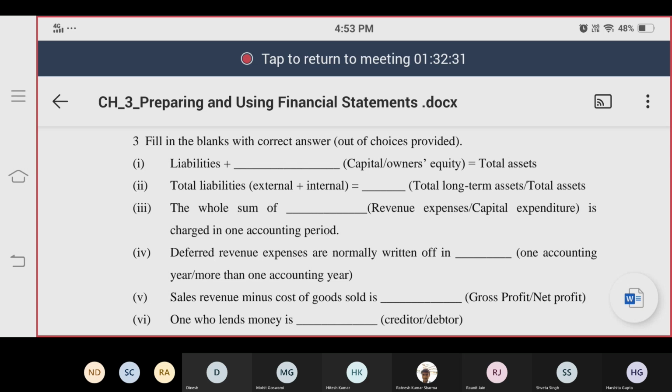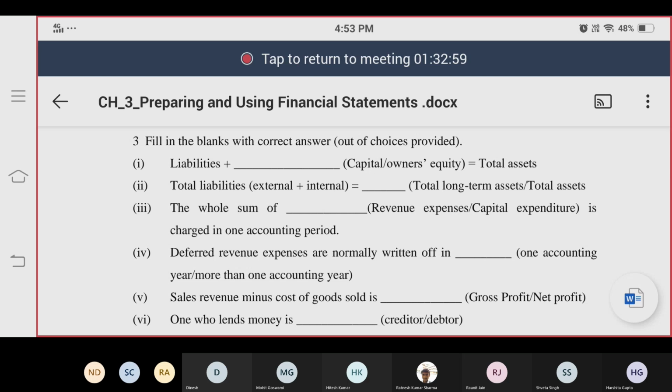Ma'am, the first one was the capital we had, and the second thing was the loan, etc. No, Dinesh, the balance sheet equation. It is liabilities plus owner's equity is equal to total assets. So here liabilities denotes all the external liabilities and owner's equity denotes all the owner's share capital plus all the profits that the company has made over the years.